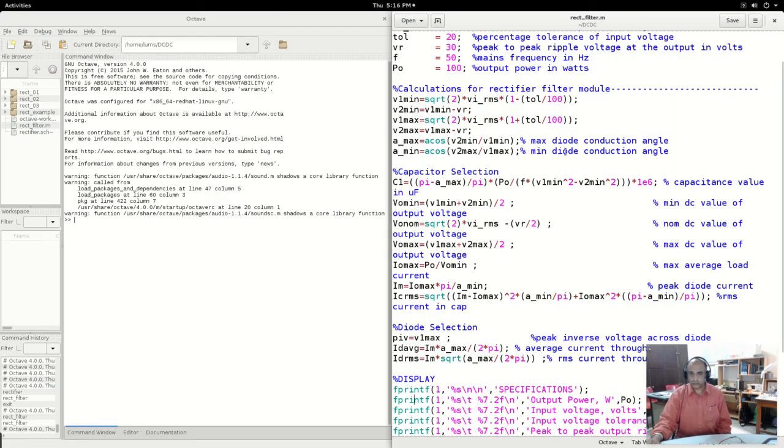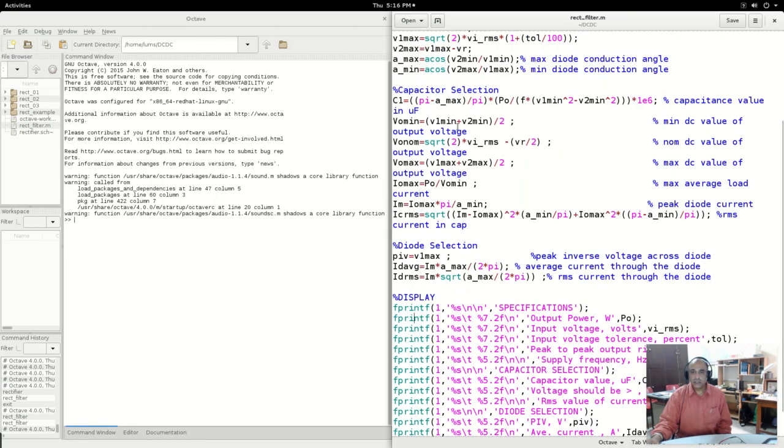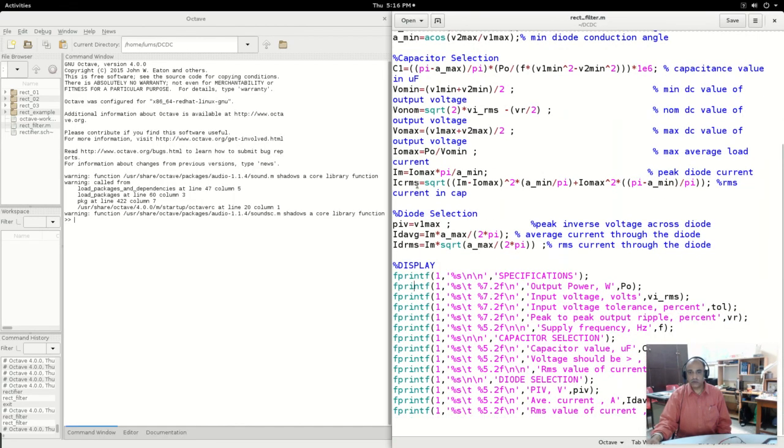Choose the max value of alpha for calculating the value of C. Then here to calculate the voltage that the C will see, the output current, max output current, the capacitor RMS value, and then the diode selection, peak inverse voltage value, ID average, and the RMS value.